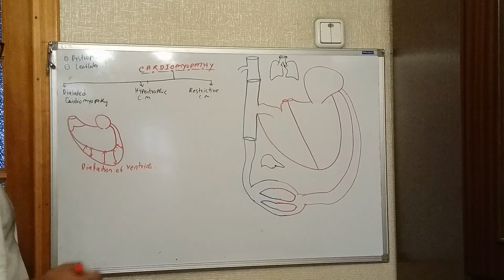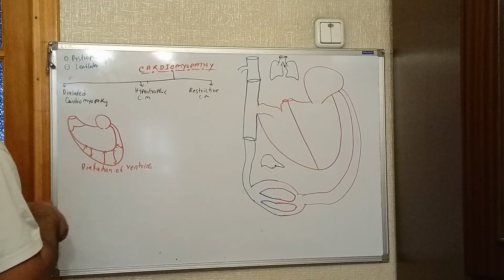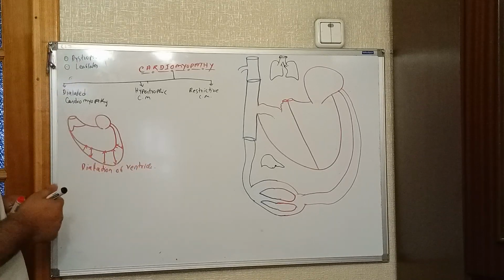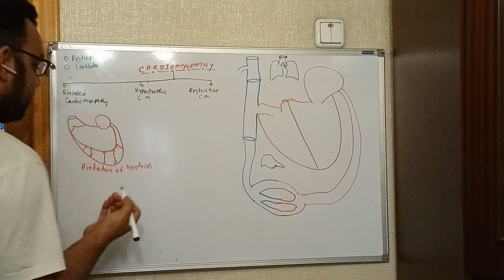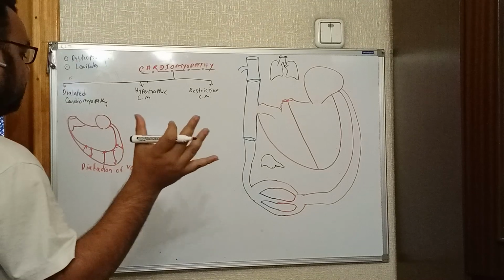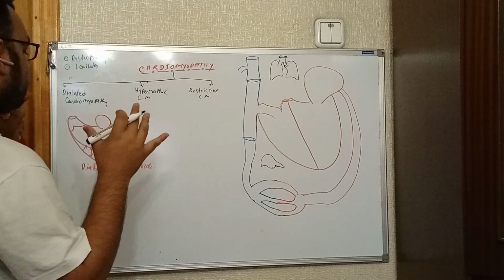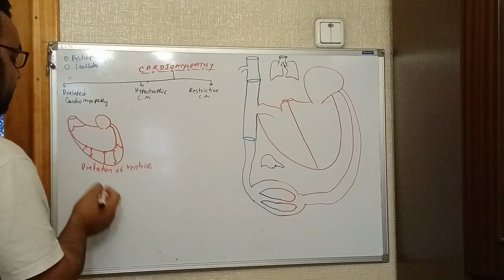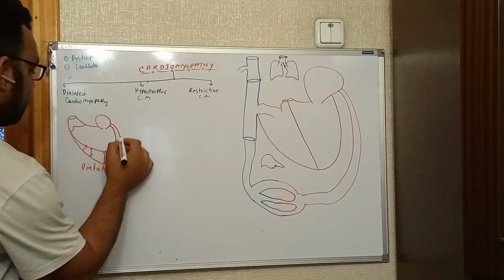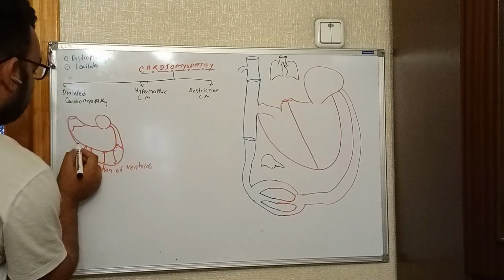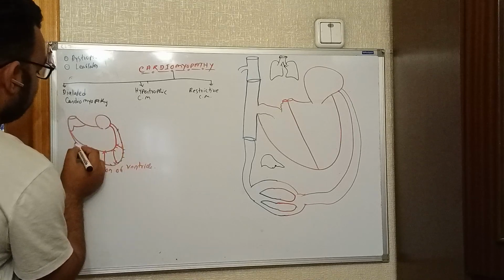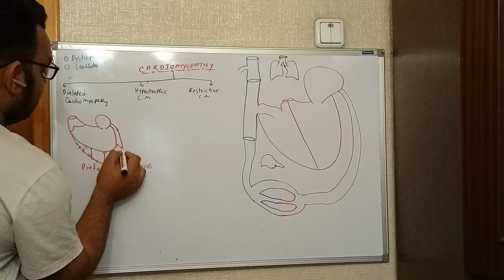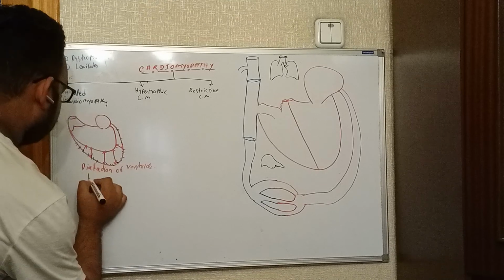Whatever the problem you will see here, whenever the dilations will be there, definitely it's easy to understand that this region will need more amount of force to contract. Okay, so it will be what? Hypokinetic, or overall you can see the hypokinesia. Overall part of the left ventricle, of both ventricles, for the right ventricle as well, we'll see the hypokinesia.